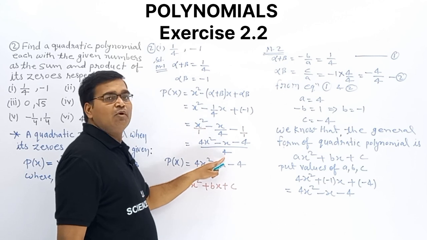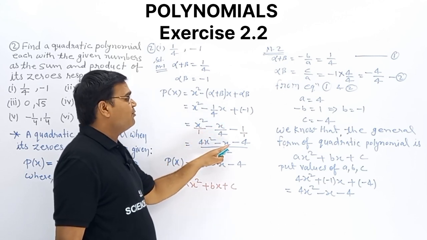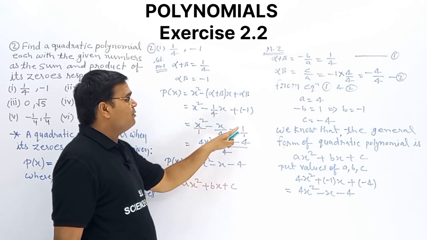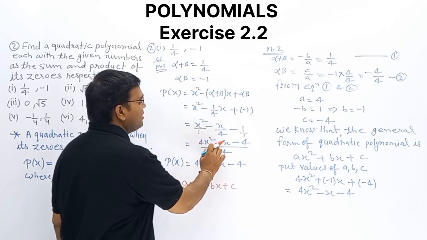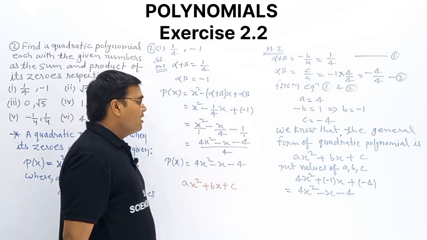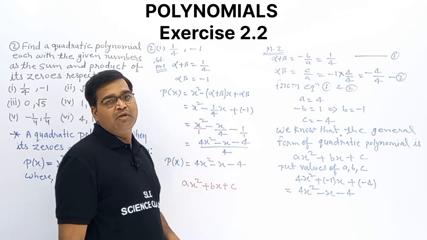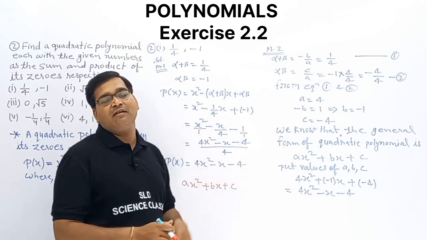Now 4 divided by 4, it goes 1 time, and the result multiplied by the numerator gives minus x. 4 divided by 1 goes 4 times, giving minus 4. So we get 4x square minus x minus 4. After this, skip the denominator part, and the numerator is the required result.